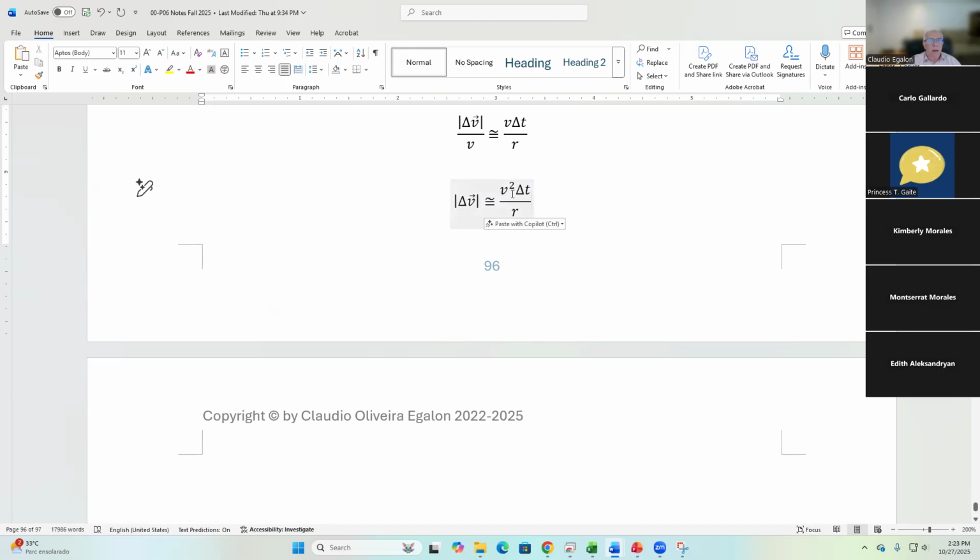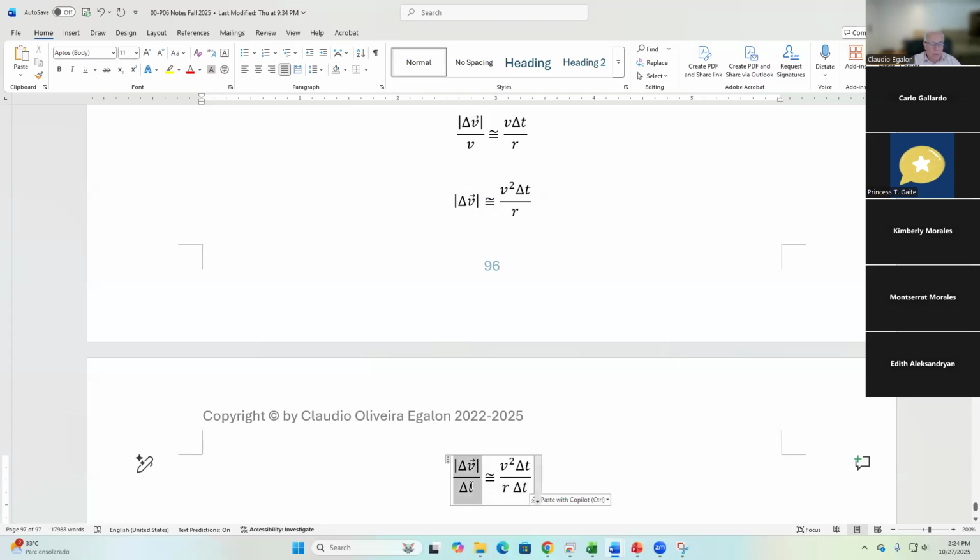We divide both sides by delta T. The left side divided by delta T, right side divided by delta T. What do you have?